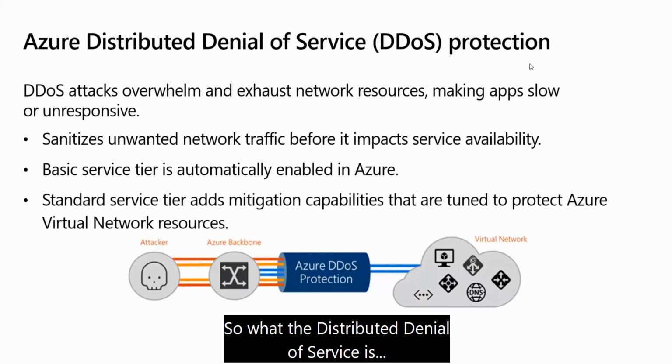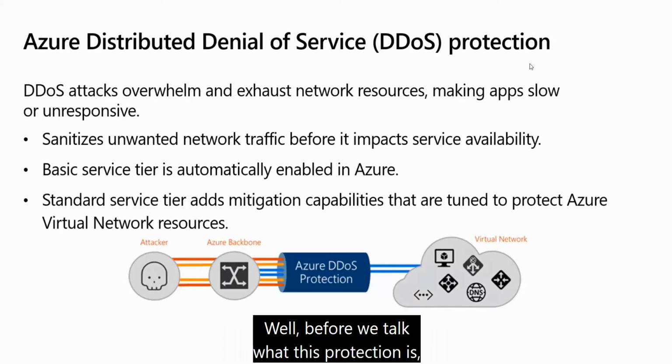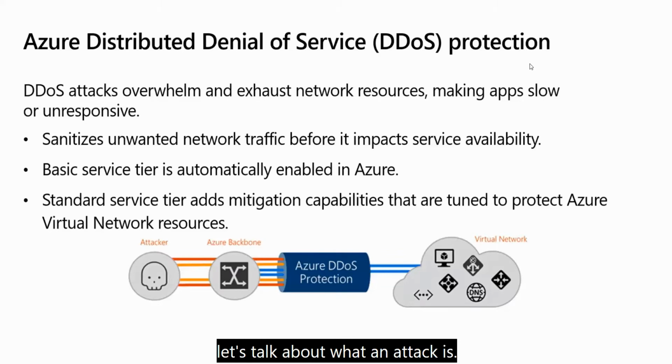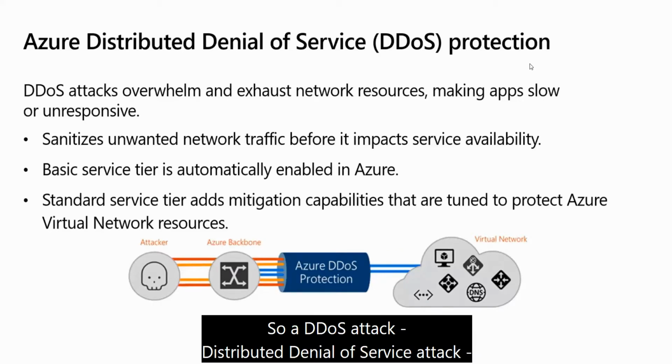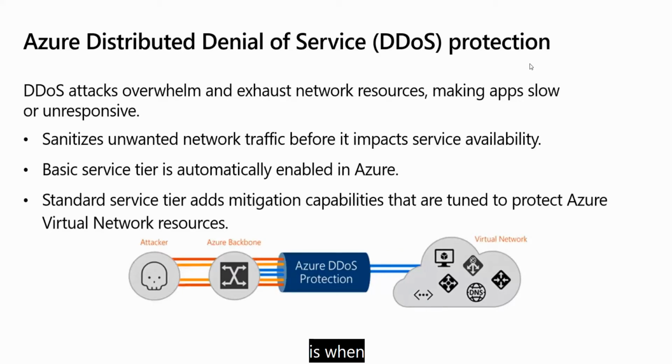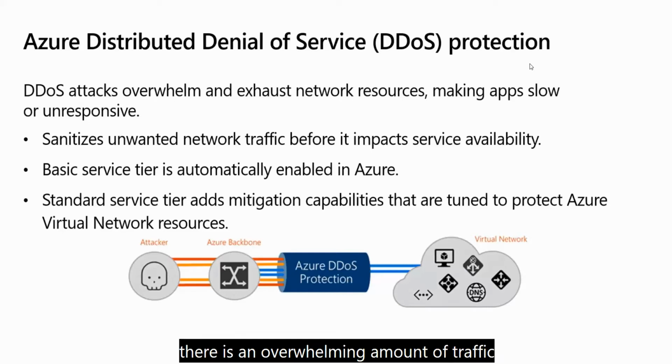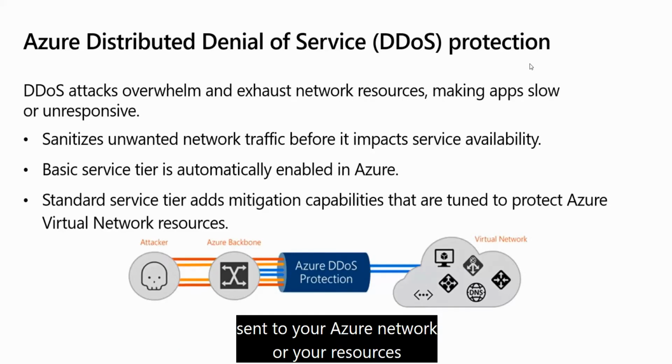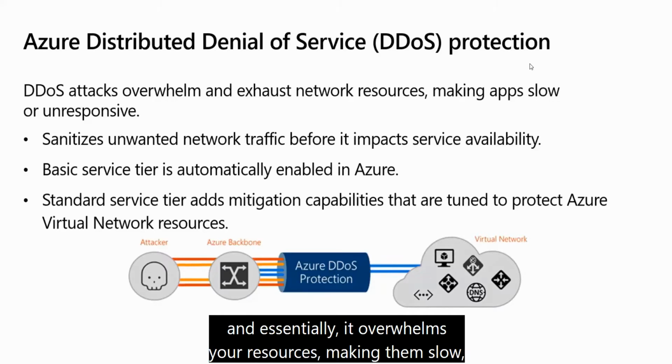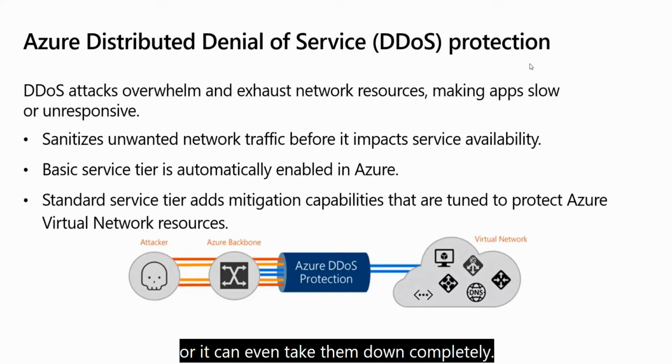So firewall, perimeter layer. Another piece of perimeter layer protection that's offered is distributed denial of service. Before we talk about what this protection is, let's talk about what an attack is. A DDoS attack, distributed denial of service attack, is when there is an overwhelming amount of traffic sent to your Azure network or your resources, and essentially it overwhelms your resources, making them slow, or it can even take them down completely.